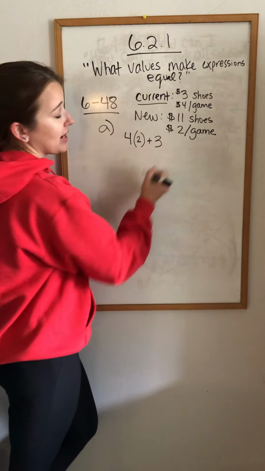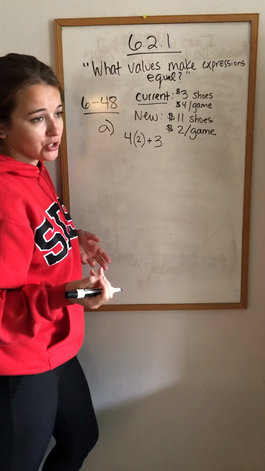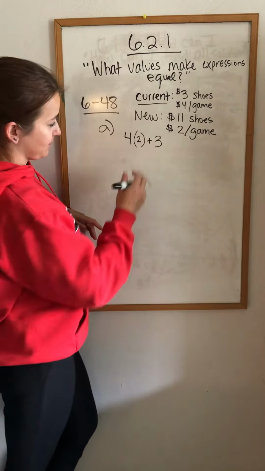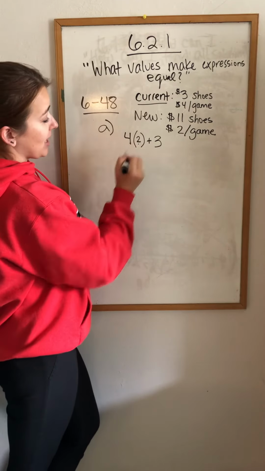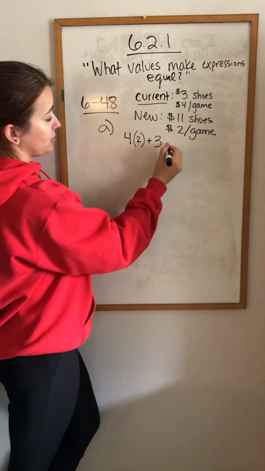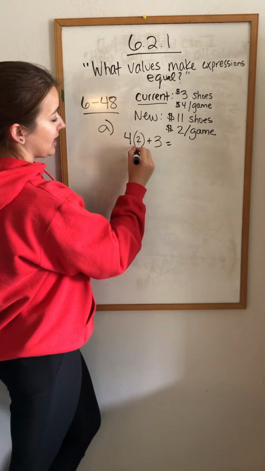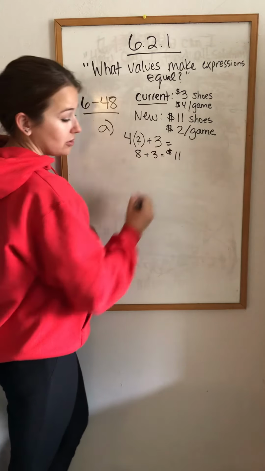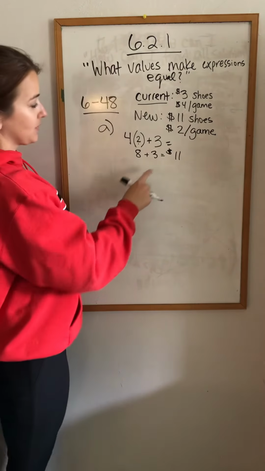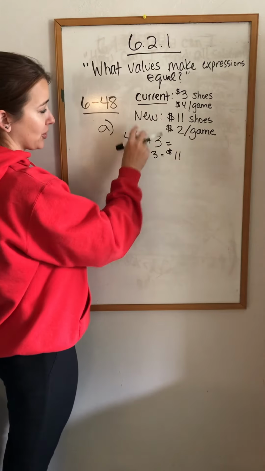You're not going to pay more than $3 for shoes because it's just a flat rate. So we have $4 per 2 games plus 3 extra for shoes, and that's going to be 8 plus 3, which is $11 total. Okay, so that's for part A for the current game.